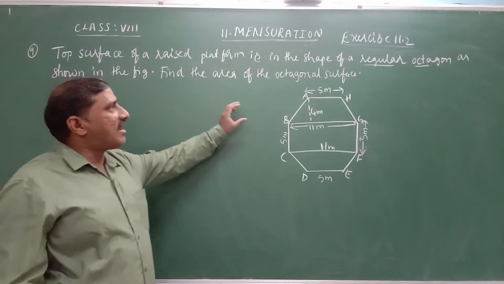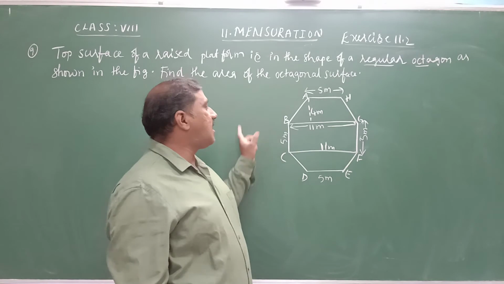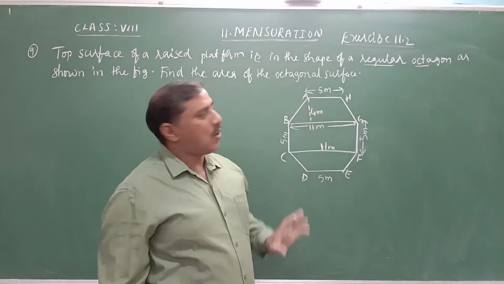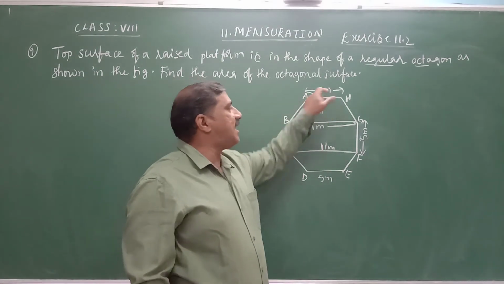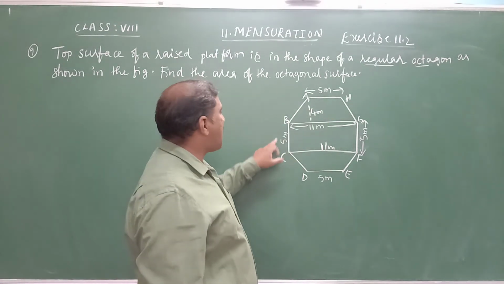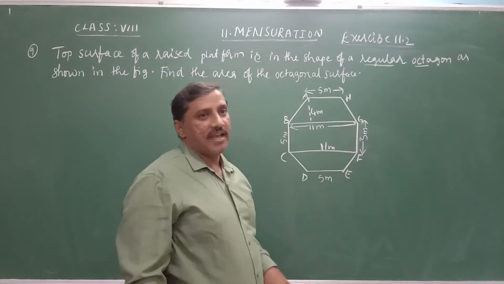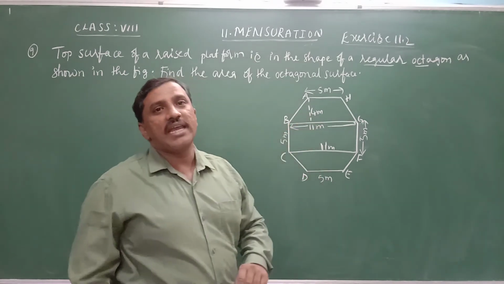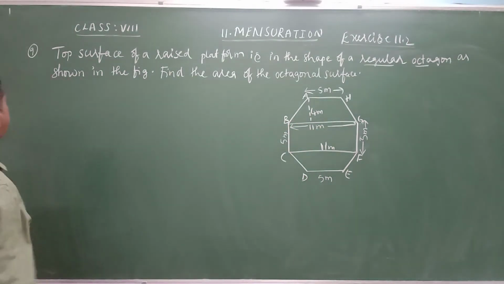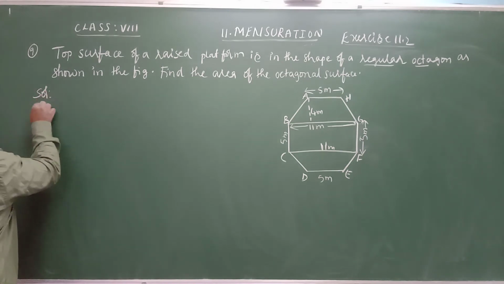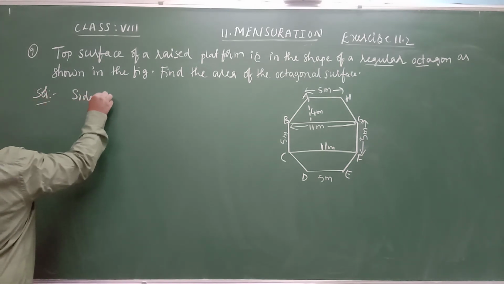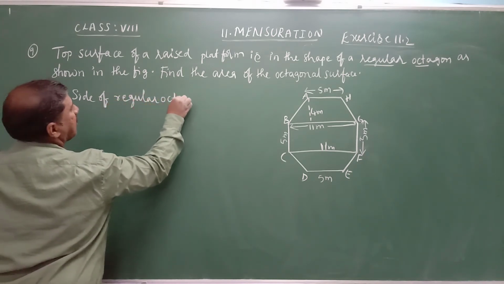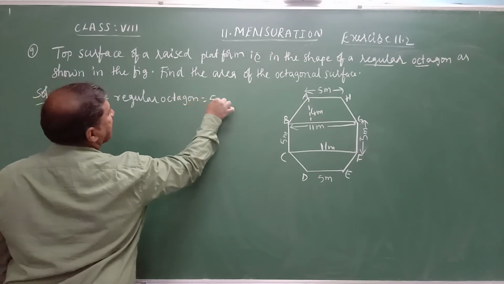Therefore, area of the given regular octagon is equal to 2 into area of trapezium ABGH plus area of rectangle BCFG. Why have we taken 2? Because these 2 trapeziums will have equal area. Now write what is given: side of regular octagon is equal to 5 meters.